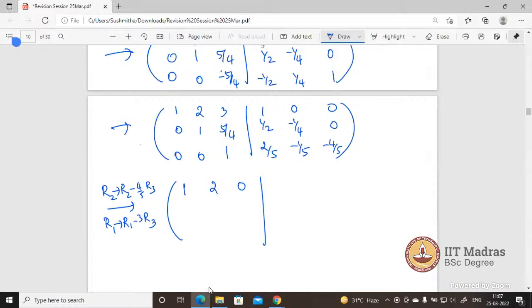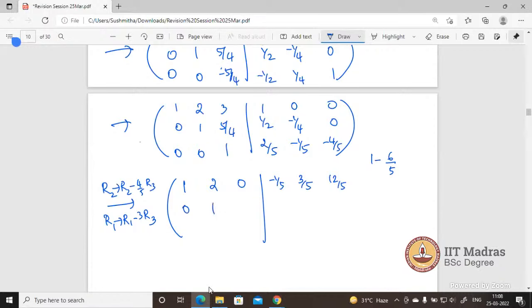And then R2: 0, 0, 1. It should be 5 by 4, right? 5 by 4 minus 5 by 4, so I'll get 0. We will directly add R3. I want to make this entry 0, no? This has become 1, sorry.